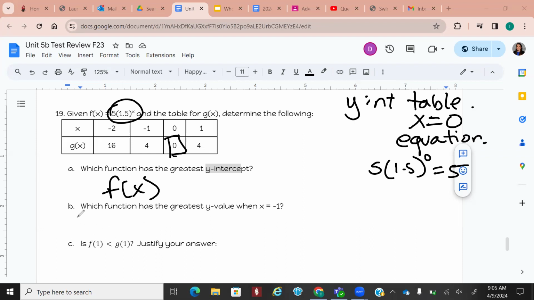Okay. On the next one, it says which function has the greatest y value when x equals -1. So we're going to look at when x is -1 in the table, what's our y value? 4. And then when x is -1, we're going to plug that into our equation. So type this into your calculator. And tell me what you get.